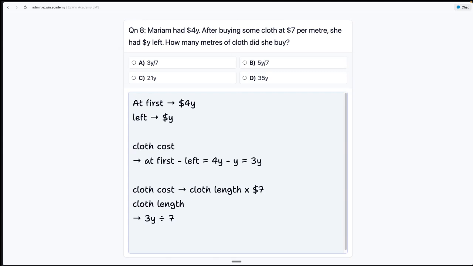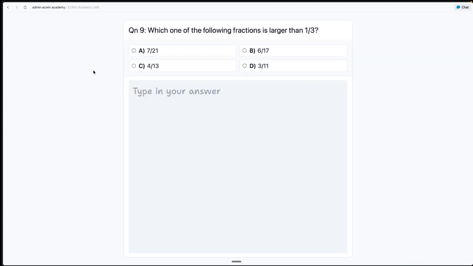Okay, and with this, it's basically just 3Y over 7. And the answer to this is option number 1, or option A in this case. All right, that's it. Let's move on to the next question.